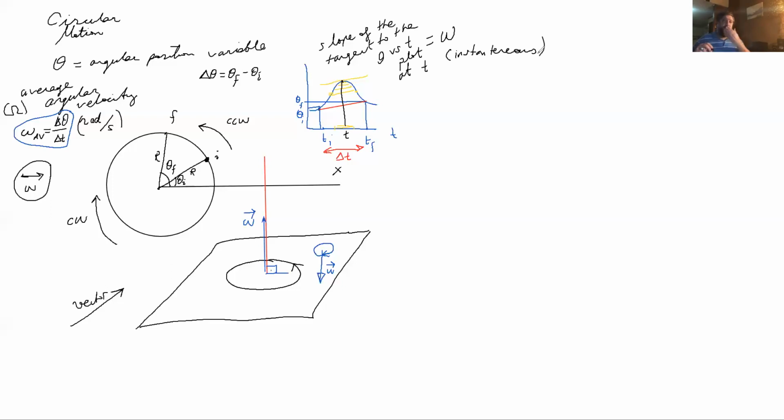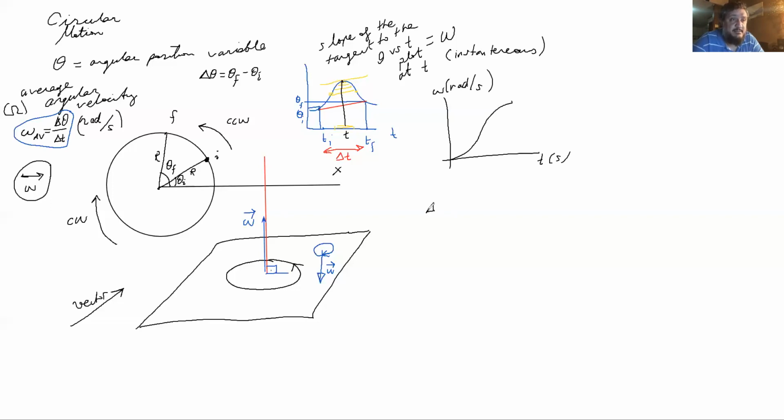The next step is, what if this instantaneous velocity is also changing, right? Something like this. This is in seconds. This is in radians per second. But it's not a constant angular velocity itself. It's changing. So what do we do? We find the initial values and the final values for those two, omega and t.